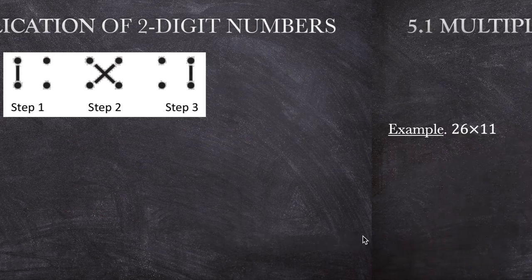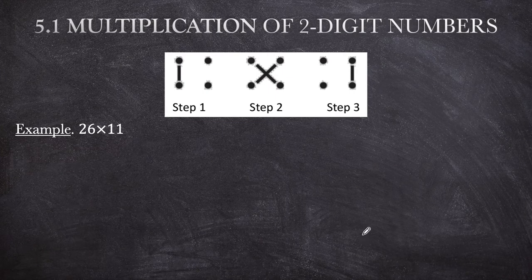Let's have more. So we have 26 times 11, so we write it like this, 26 times 11. How do we do that? First step, 2 times 1 is 2. Then the crosswise method: 2 times 1 is 2, plus 6 times 1 is 6. 2 plus 6 is 8.